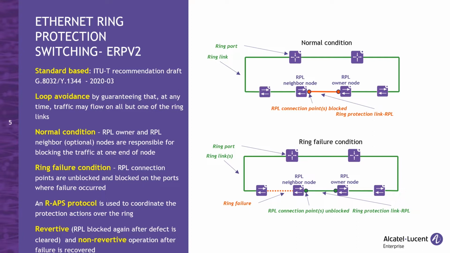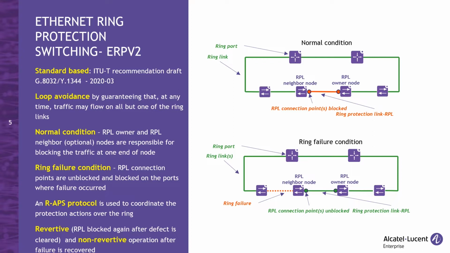This way, traffic will again flow through all the ring links but one, the failed one, and among all ring nodes. Coordination of these protection actions over the ring is performed by the Ring Automatic Protection Switching protocol, or R-APS.